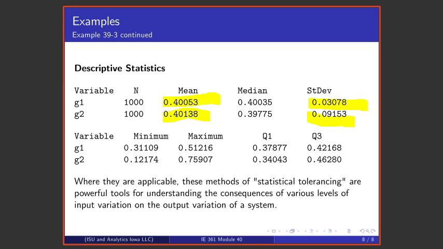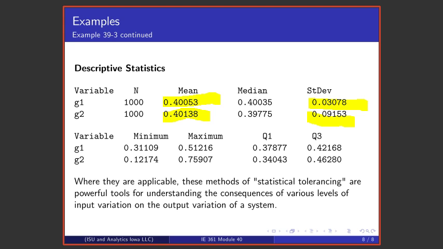The take-home message here is that these methods of probabilistic tolerancing are really quite powerful tools for understanding consequences of various levels of input variation on output variation, system variation, how that system variation depends upon component variation.